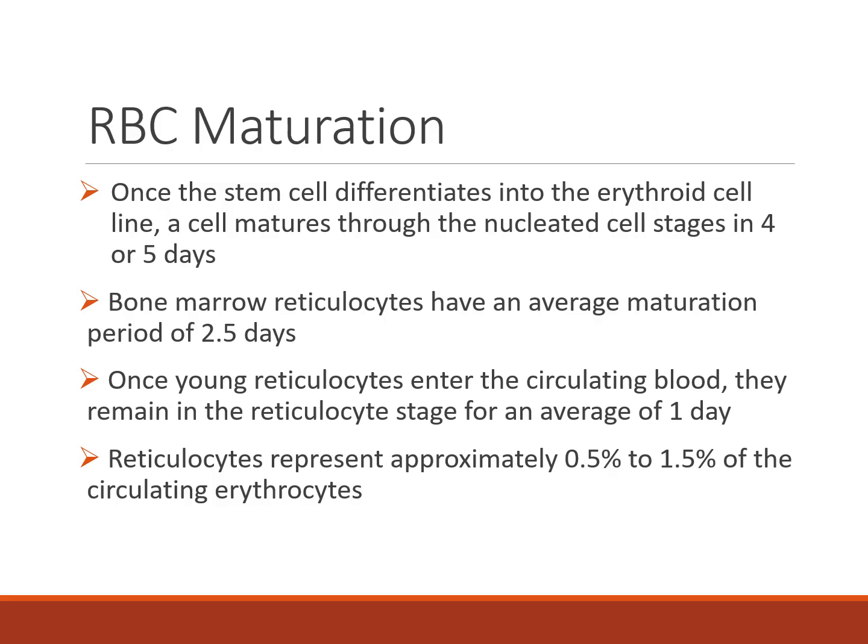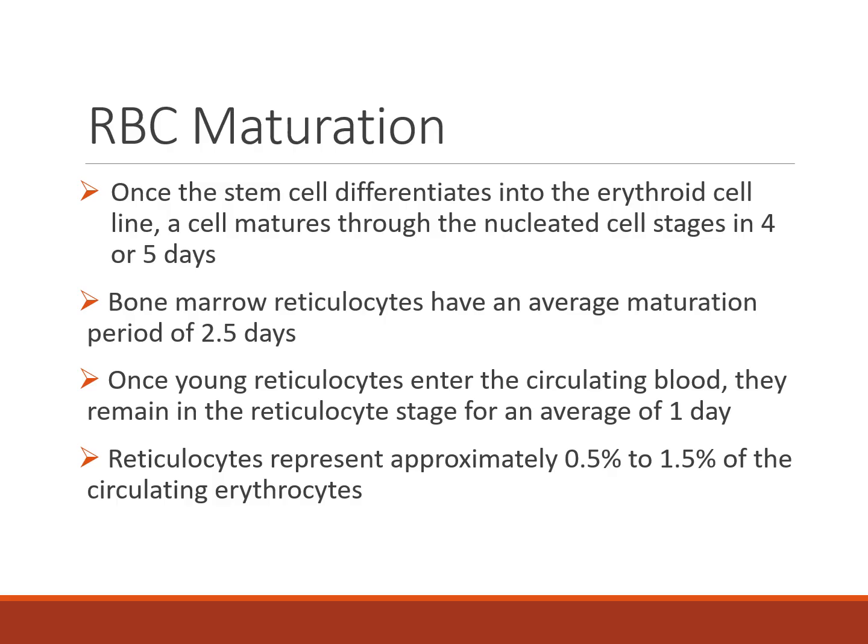Bone marrow reticulocytes have an average maturation period of 2 to 5 days, and that's one of the reasons why we see them circulating in the blood more often. But once they are sent out into circulating blood, they remain in the reticulocyte stage for another day or so.